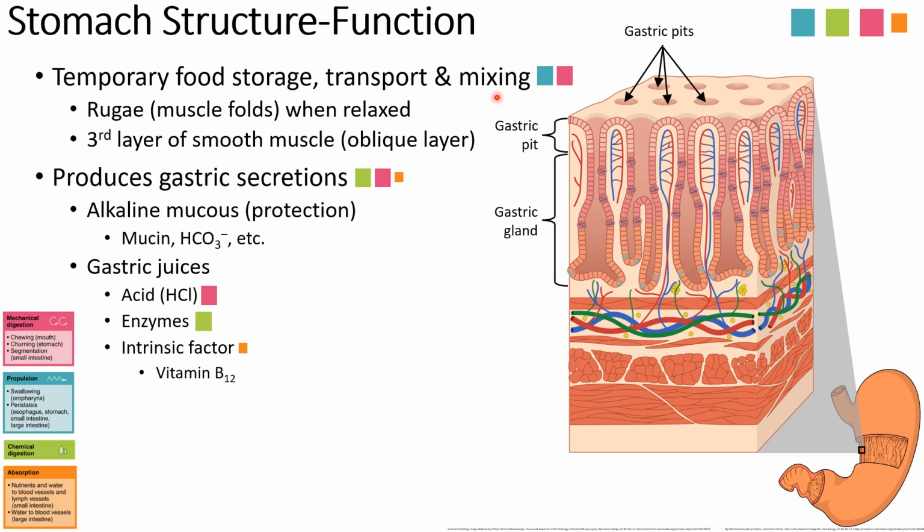So the stomach is involved in both transport and mixing, so transport and mechanical breakdown, but it is also involved in more molecular level interactions and digestive processes through the production of gastric secretions. It produces two main secretions. Alkaline mucus is really to protect the stomach wall.